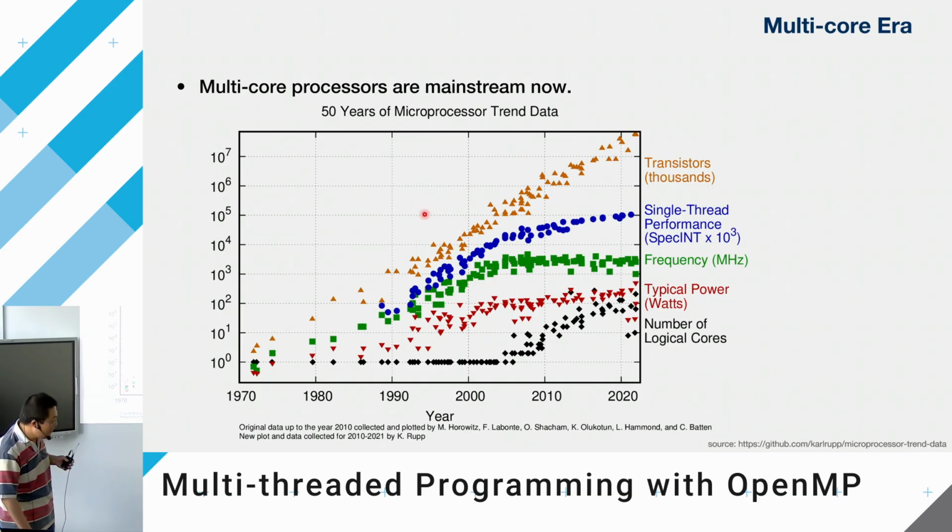If you look at this figure, which shows the development of CPU processors from the 1970s until now, you will see that the number of transistors, as you see in this line, is continuously increasing, but the performance for a single thread is not really increasing linearly with the number of transistors. It's still increasing, but not really dramatically.